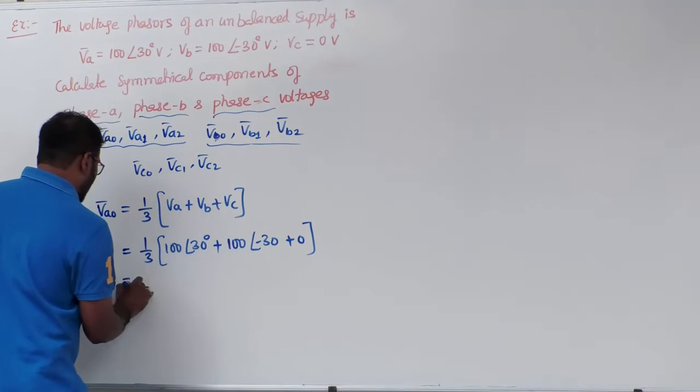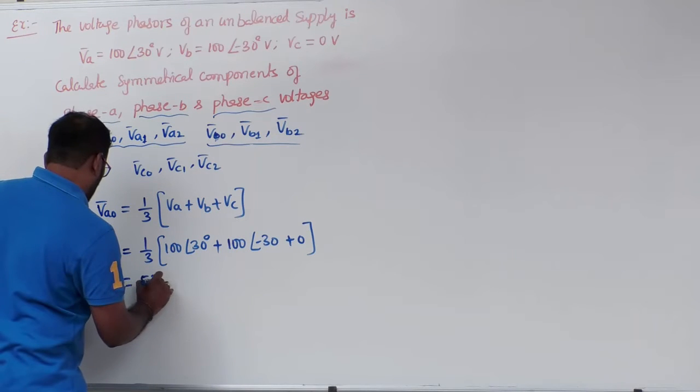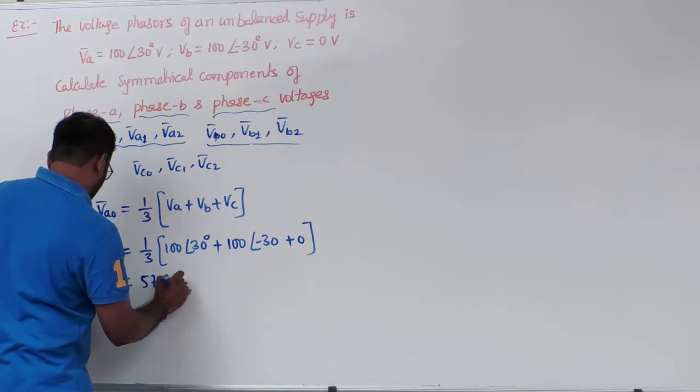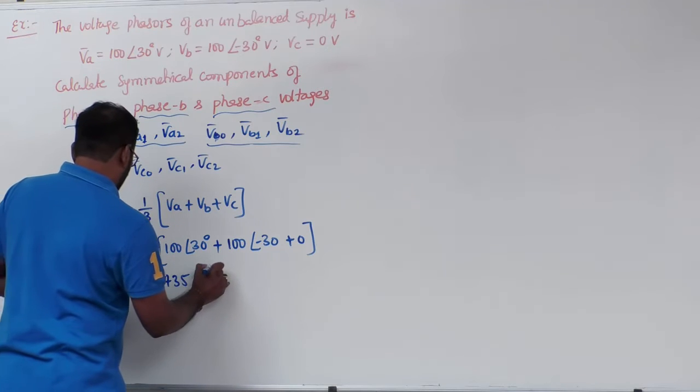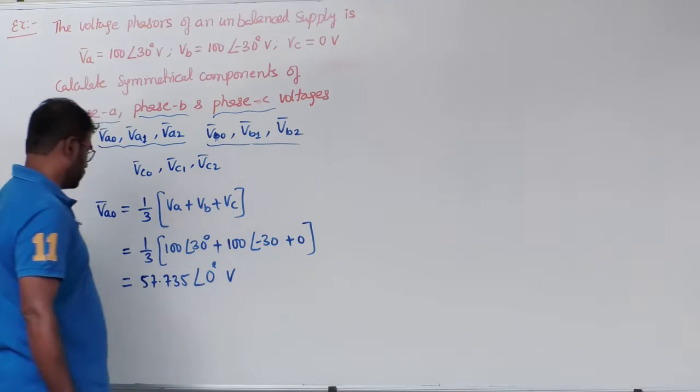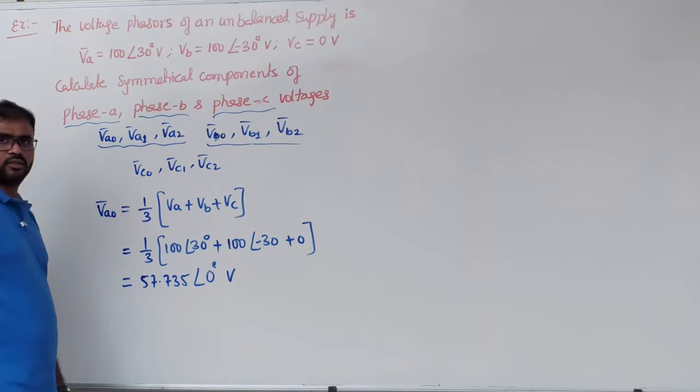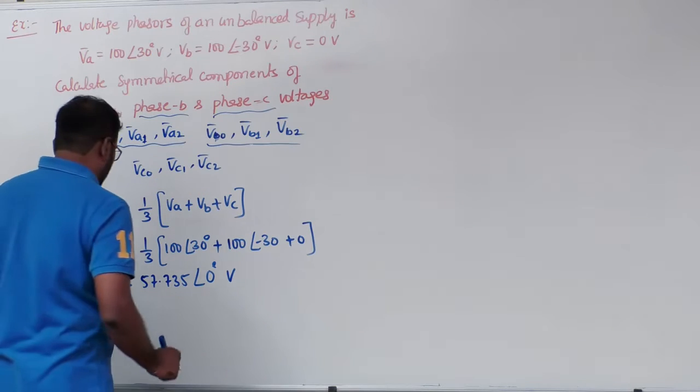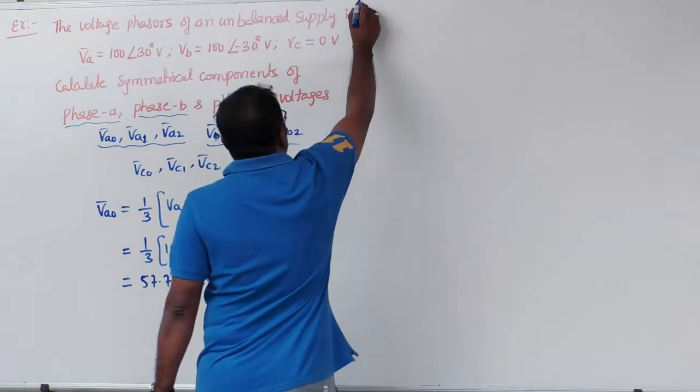If I solve this, we get 57.735 at an angle 0 degrees volts. That's VA0. Clear?